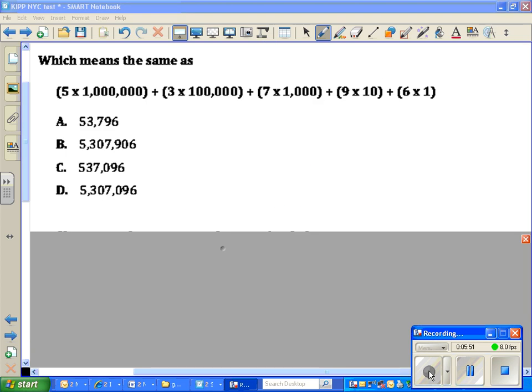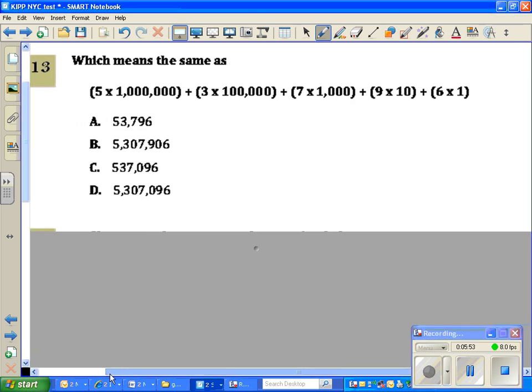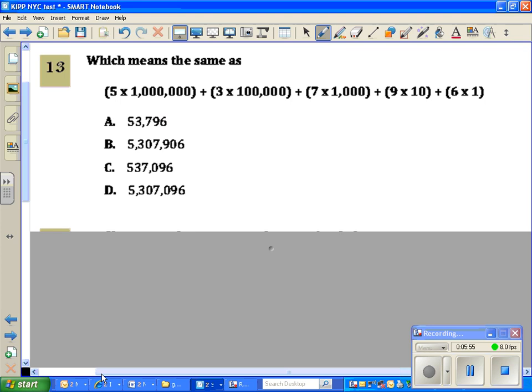Number 13, which means the same as this expanded form below. When I look at this, I'm noticing that the first problem here is 5 times 1 million. I'm going to use my scratch and match method to help me.